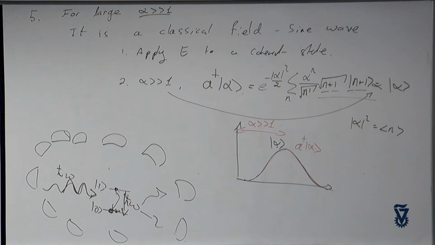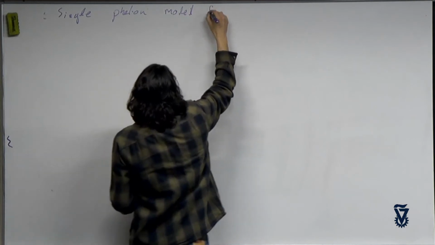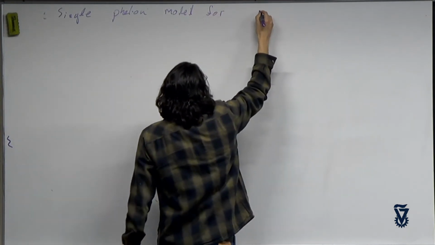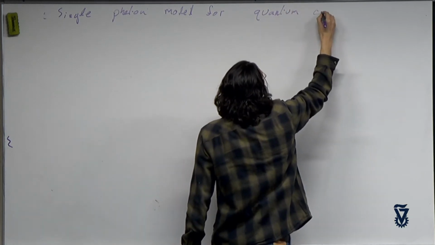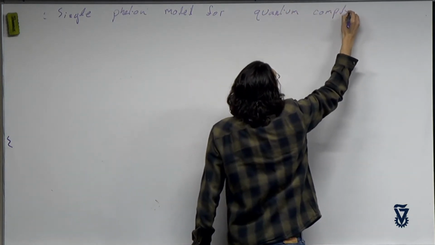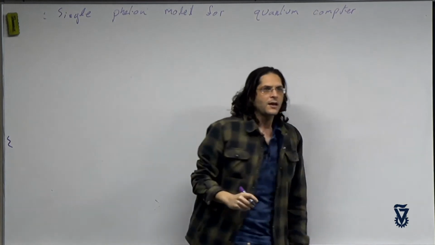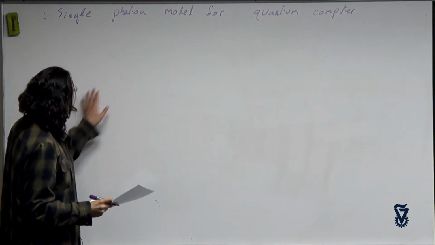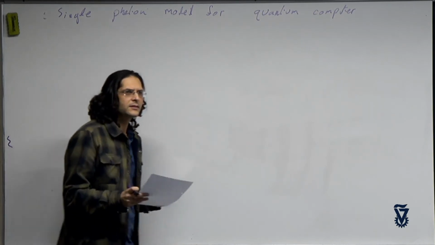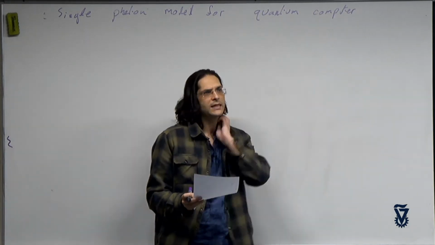So we're going to look at a single photon model for a quantum computer. Now this is a simplified single photon model. We're going to go through the basics of this model just so you get the idea.